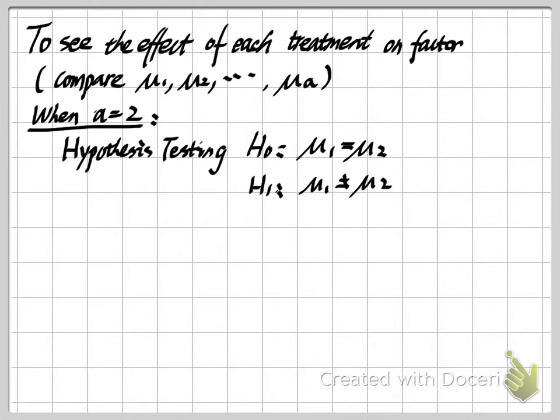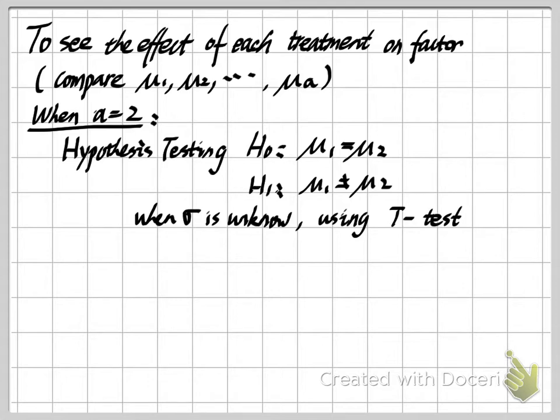So generally, if we don't know this sigma, then we will have a t-test. So let me write down a note here. This is about using the t-test to check whether mu1 is equal to mu2 or not. Of course, this is one way to check the effect of the treatment.